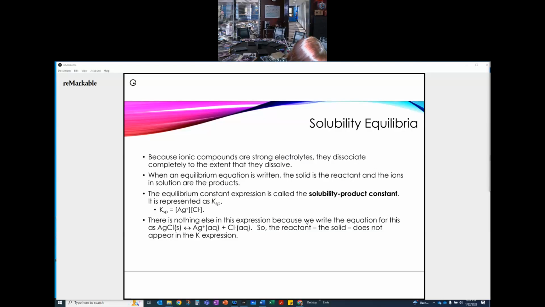If we were to write Pb2+ plus 2I- going to PbI2 solid, and we're trying to write a K for that, then our solid doesn't appear, so it would be 1 over Pb2+ times I- squared.